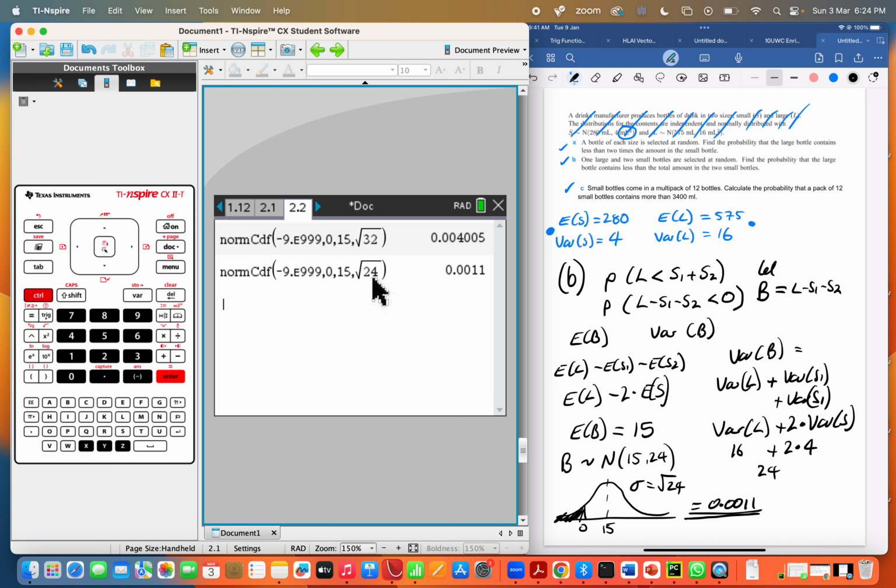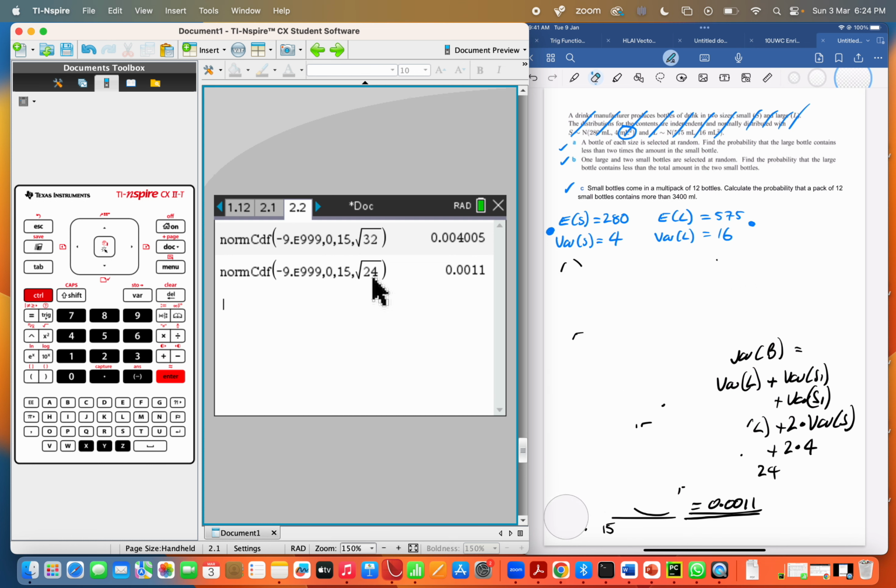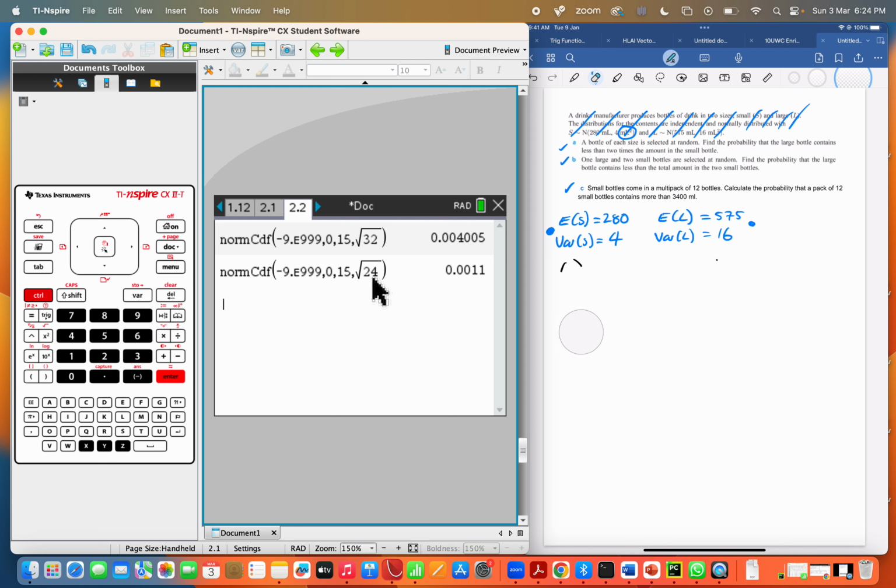And then if we have a little look at part C, I think part C is the easiest one of all, actually. So let's just get rid of this and have a look at part C. Part C is talking about a multi-pack, and a small bottle comes in a pack of 12. So let M equal multi-pack, 12 times S. But note this is S1 plus S2 plus ... plus S12.